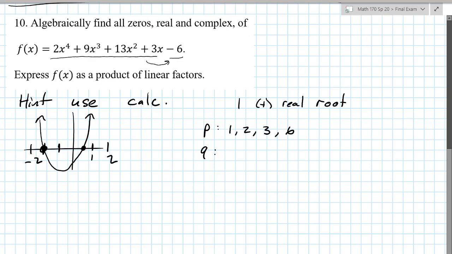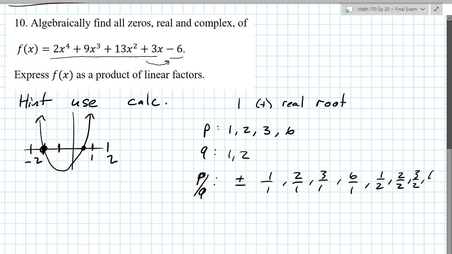Then we want Q. Q is the leading coefficient, and the factors of 2 are just 1 and 2. So then we've got P divided by Q, and it's plus or minus 1 over 1, 2 over 1, 3 over 1, 6 over 1, 1 over 2, 2 over 2, 3 over 2, and 6 over 2.